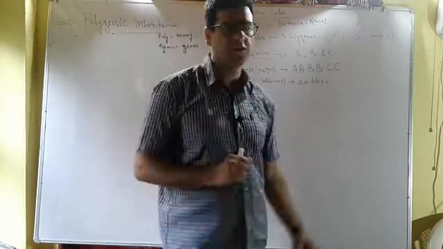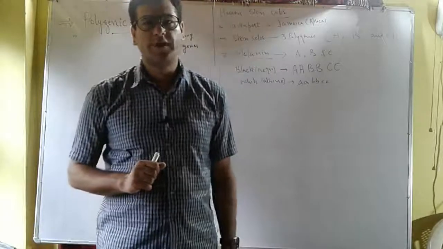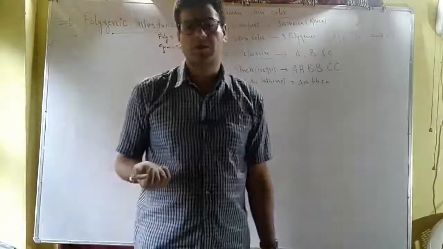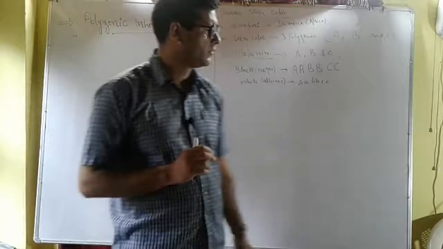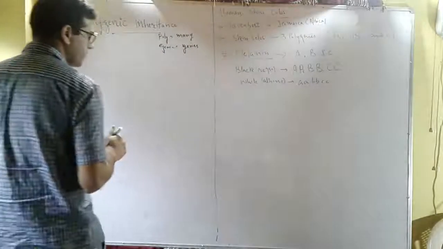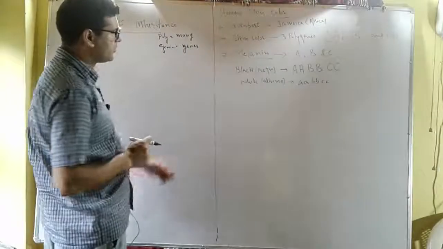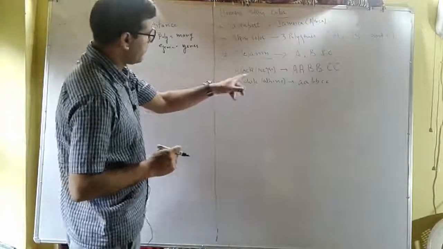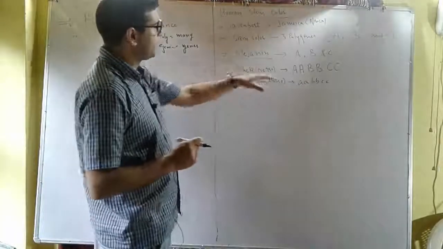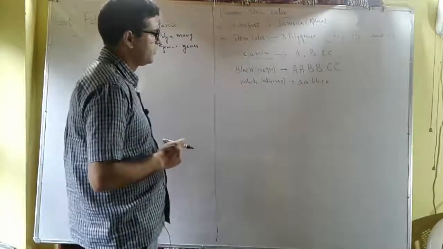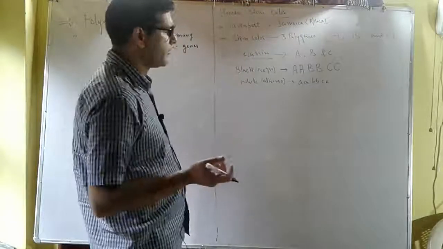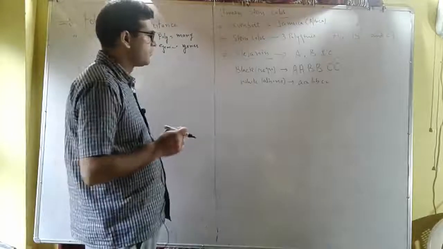If these polygenes are absent, then the melanin synthesis will not occur and the skin color of the individual would be white. So if we make a cross between black, negro and white individuals, we'll get individuals with the intermediate color, that is called as mulatto.